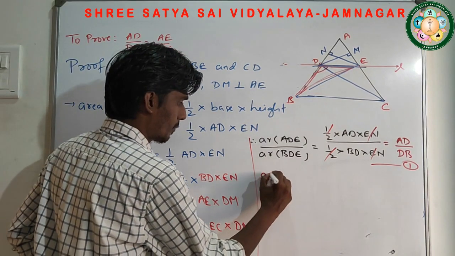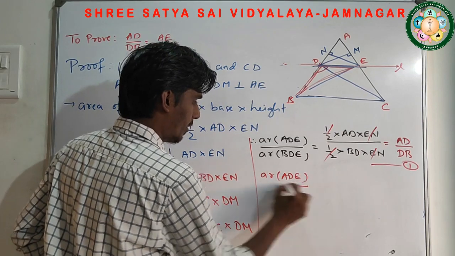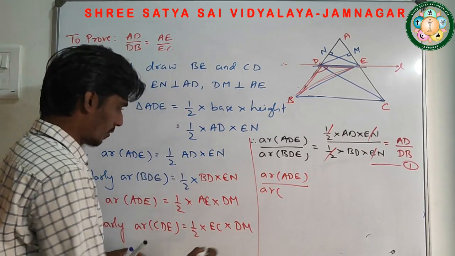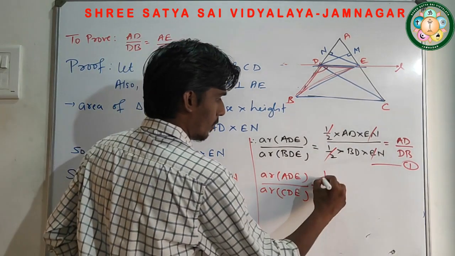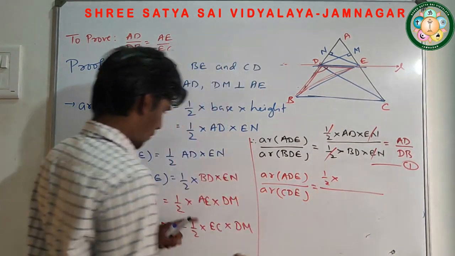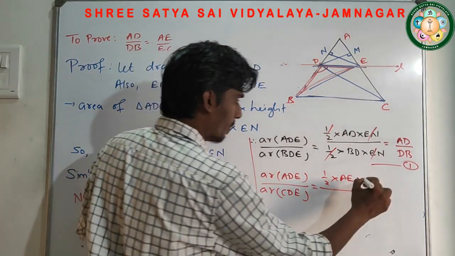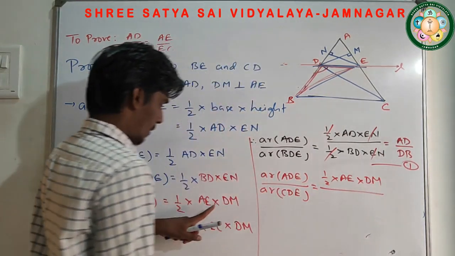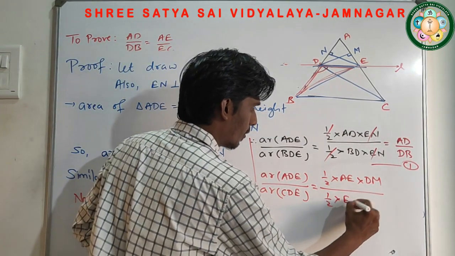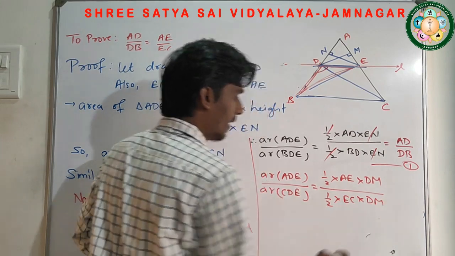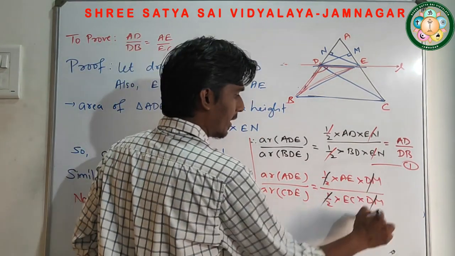Now similarly we are going to take the ratio of the next two areas. So it's area of ADE upon area of CDE. It's half A into DM. Here it's half EC into DM. Again, similar terms get cancelled, half and half, DM.